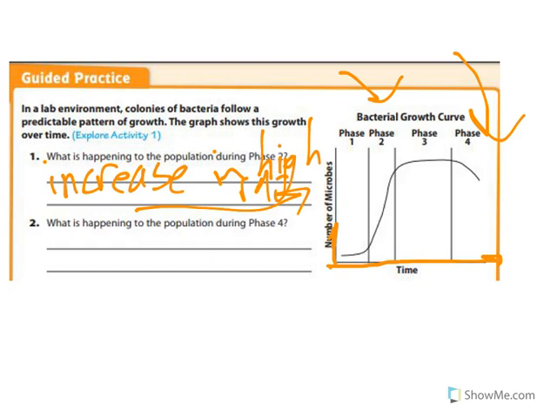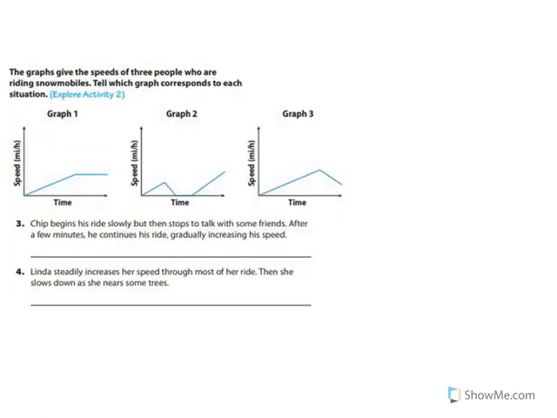What is happening to the population during phase 4? You'll see finally it is declining, it's decreasing. And to apply this to our world, as we're waiting for this to happen in our nation, we need the number of cases of people being affected and infected to go down before things can start to open again.